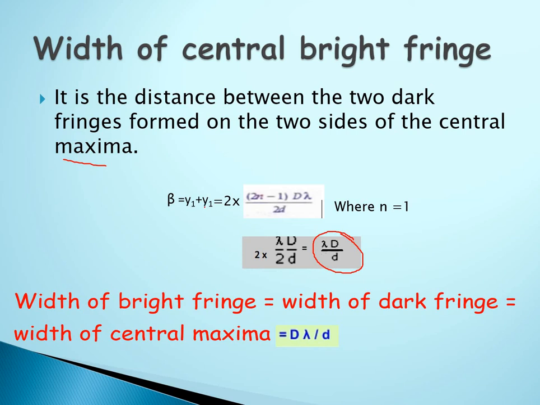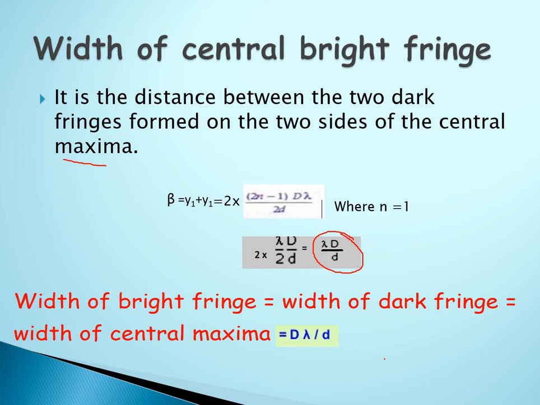So children, we have to conclude now. What did we study? We studied the conditions for constructive and destructive interference in terms of path difference: x equals n lambda for constructive interference and x equals (2n minus 1) lambda by 2 for destructive interference.